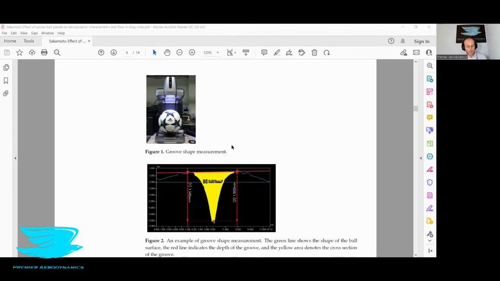Then the other conclusion they came up with, which was a little bit surprising, was that in the laminar range, the drag drops with a lower groove volume. So as you reduce the groove volume, the drag reduces.